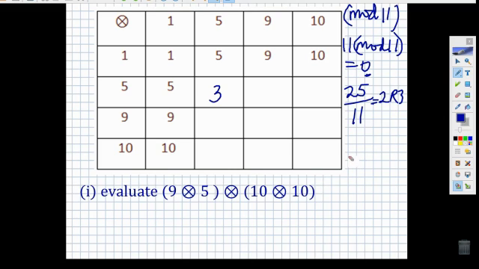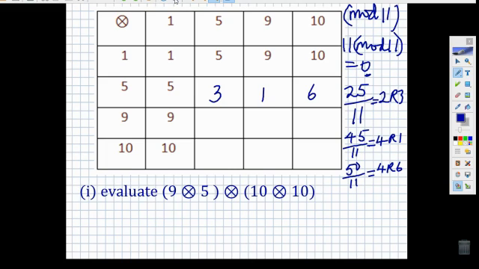Again, 5 times 9 is 45. 45 divided by 11 gives 4, remainder 1. So the answer here is 1. Again, 5 times 10 is 50. 50 divided by 11 is 4, remainder 6. So what we have here is 6.